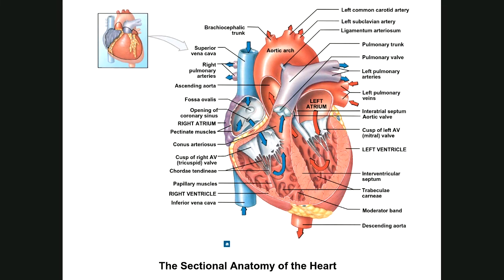We have 4 valves associated with the heart. We have atrioventricular valves that separate the atria and the ventricles. The one between the right atrium and the right ventricle is called tricuspid because it has 3 cusps.